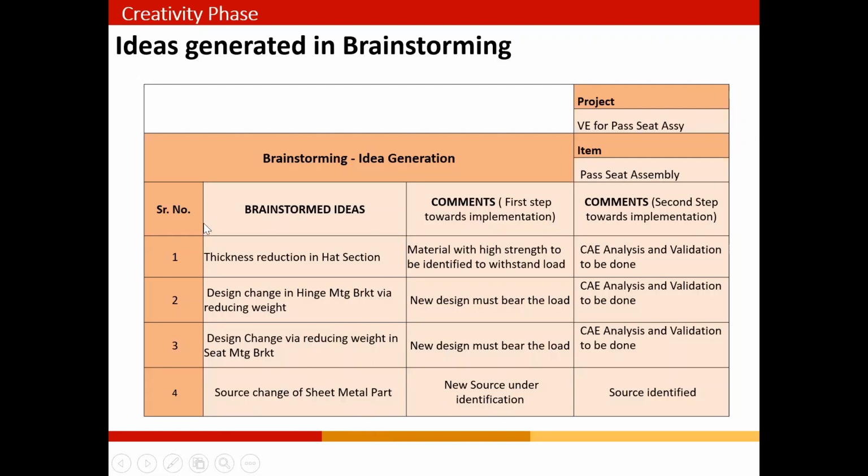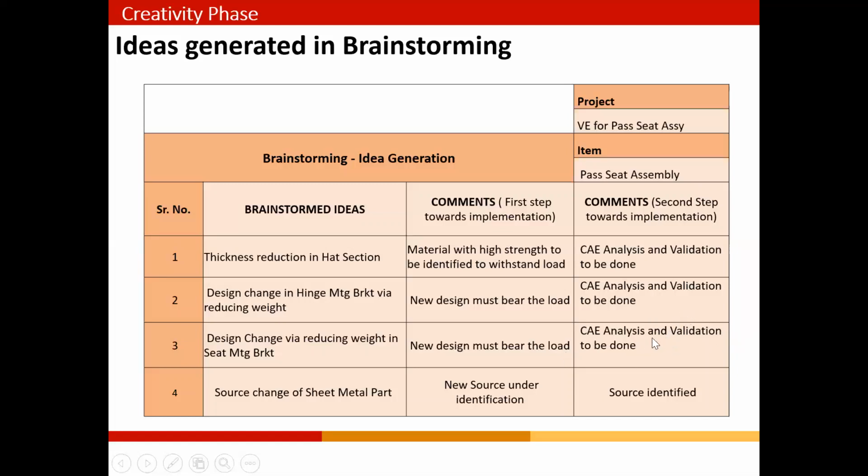And not only the ideas, they also took some steps, like how they can change the sourcing of the supplier by identifying new suppliers. And the result is that they also identified the suppliers. And again, if we are doing any design change, you also need to do some CAE and validation. It's not only physical validation, but you also need to do testing or validation in software.